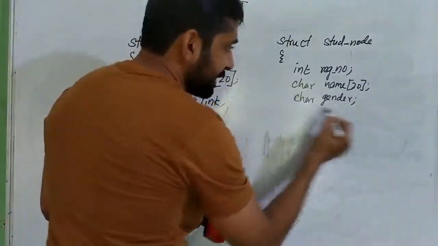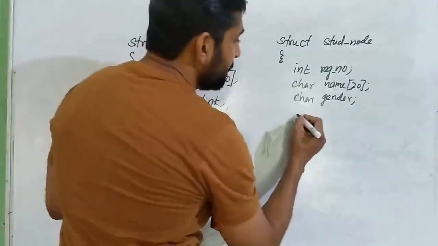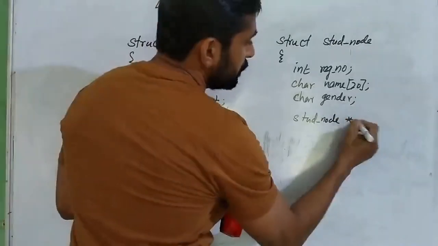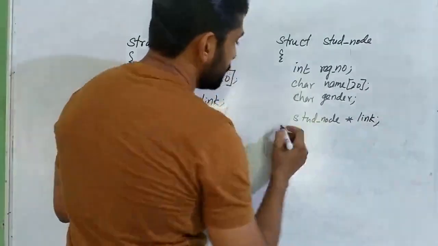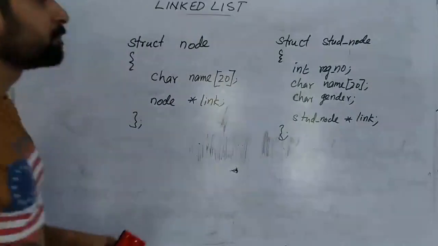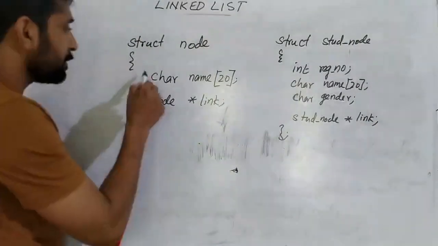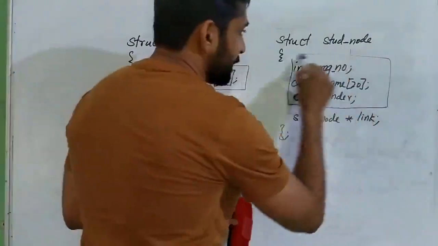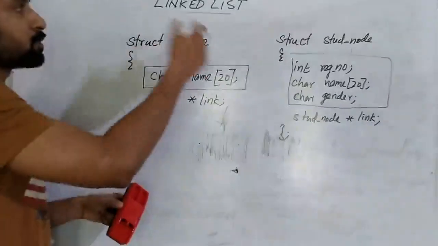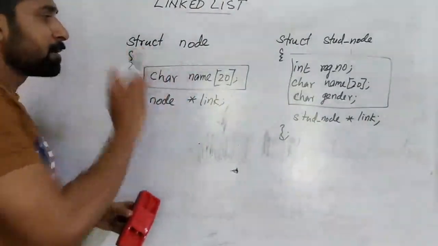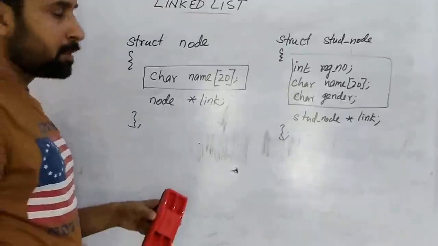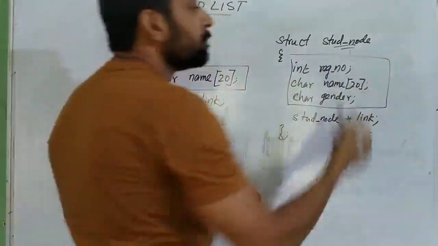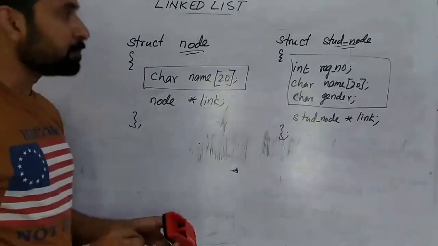So all these make the data part, and then struct stud_node *link. So this makes another node. This is the definition for a structure that can be used as a node in a linked list.